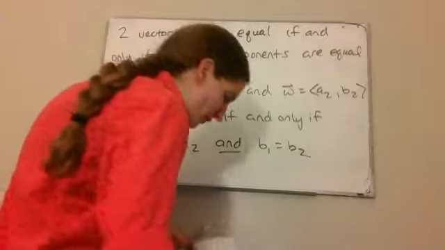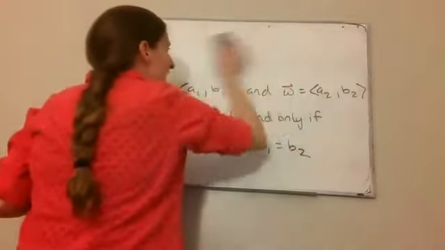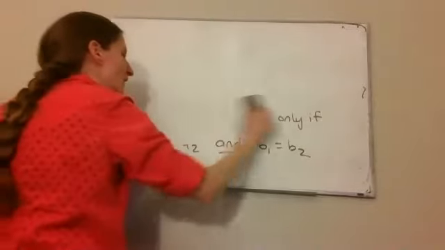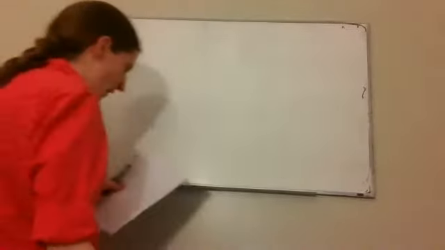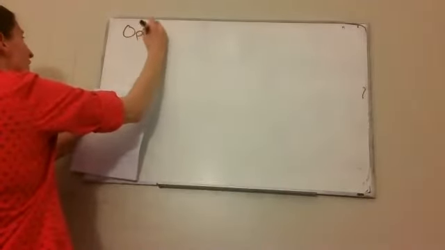So now that we know the component form, we can talk about a lot of different operations on vectors and write down what those operations mean in an easy to understand way. So here's a bunch of operations for our vectors.